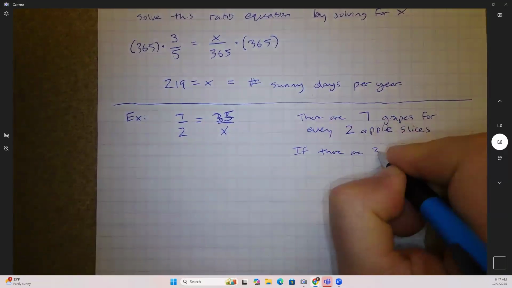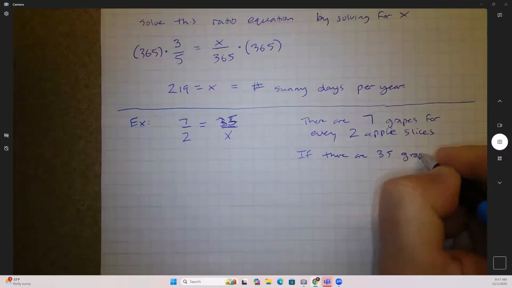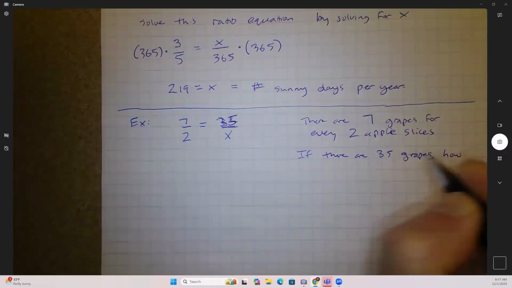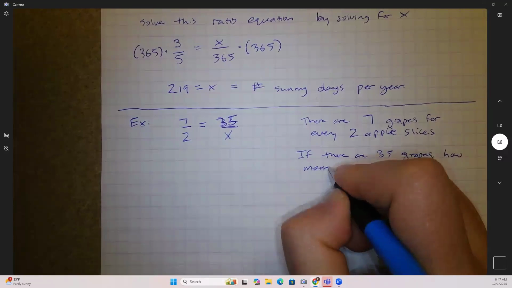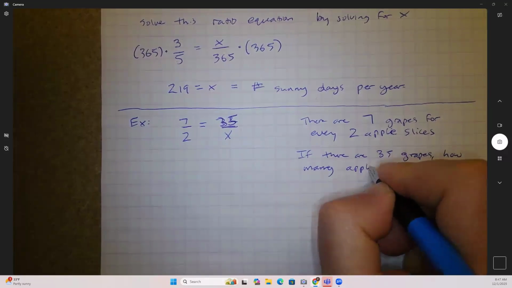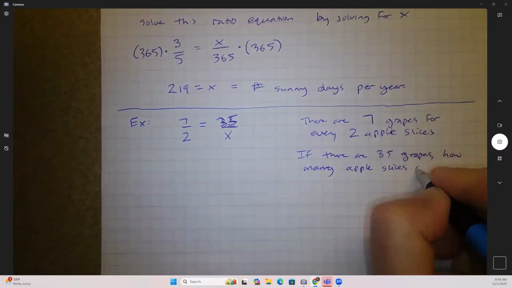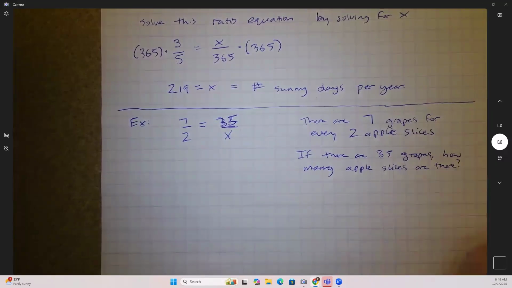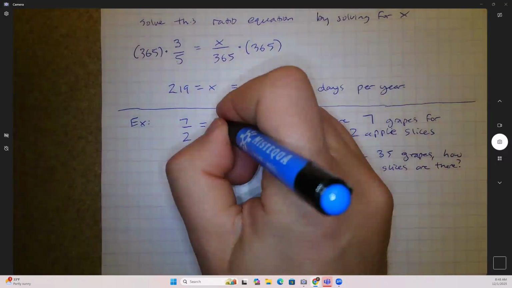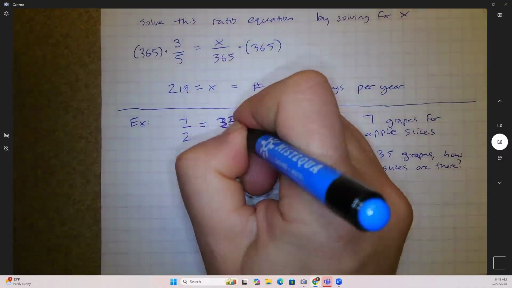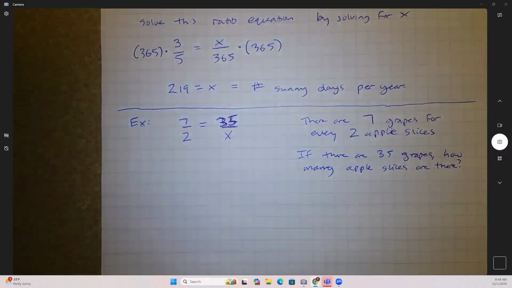If there are 35 grapes, how many apple slices are there? And so 7 over 2 equals 35 over x. Because I know the number of grapes, I'm looking for the number of apples.